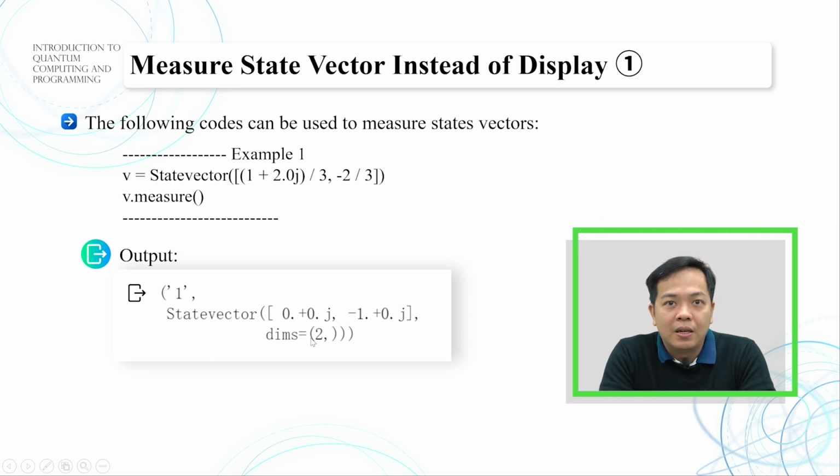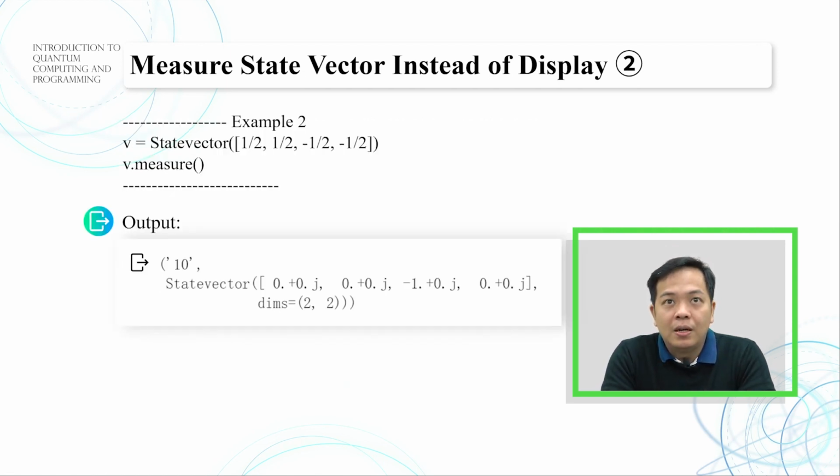Over here you can see after I change the value for the state vector v with the new variable, it shows the value in the quantum or complex vector, and shows the dimension for the vector v. The two over here means two dimensions, a two-by-two matrix.